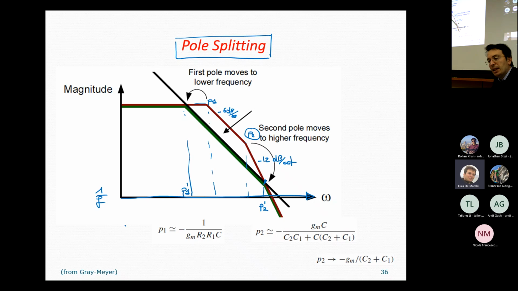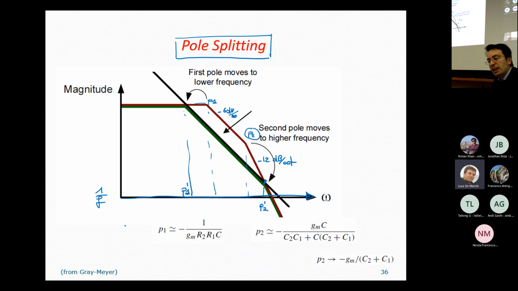There is one drawback, though, which is related to the zero effect. What is the effect of a positive zero? Well, on the left, you see the effect of the negative zero. So suppose that you have a first-order transfer function with a first-order numerator and first-order denominator. Therefore, we have one pole and one zero.